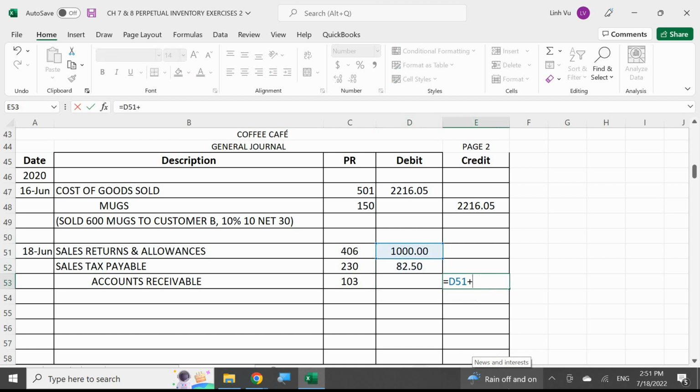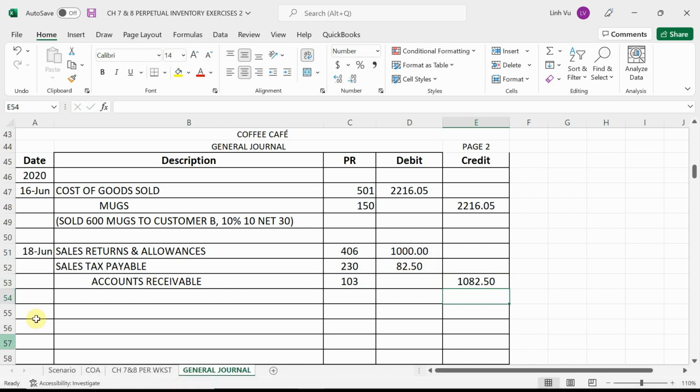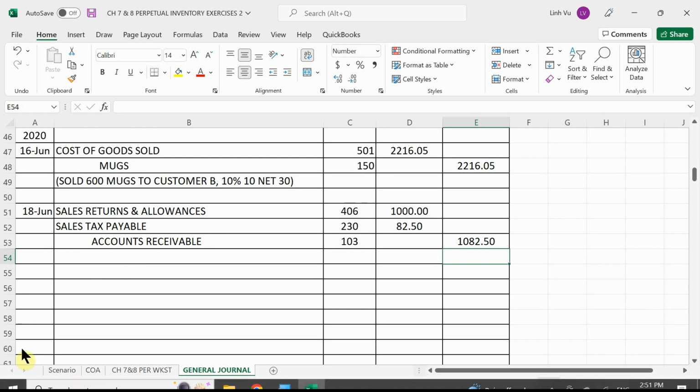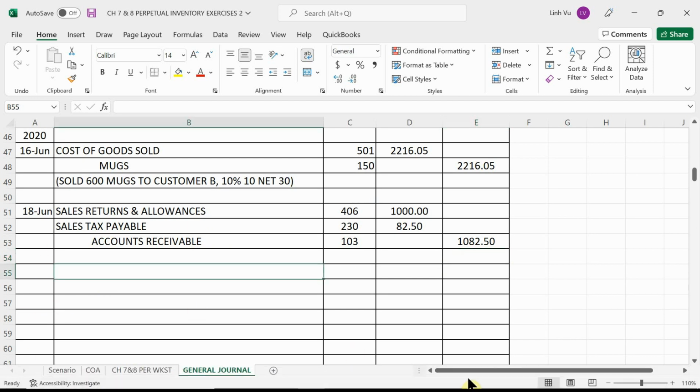So we are reducing the customer's account by $1,082.50. Good. All right. What else did they do? We also need to put the mugs back into inventory. Yes, we do. And what is my other account that I need to undo?